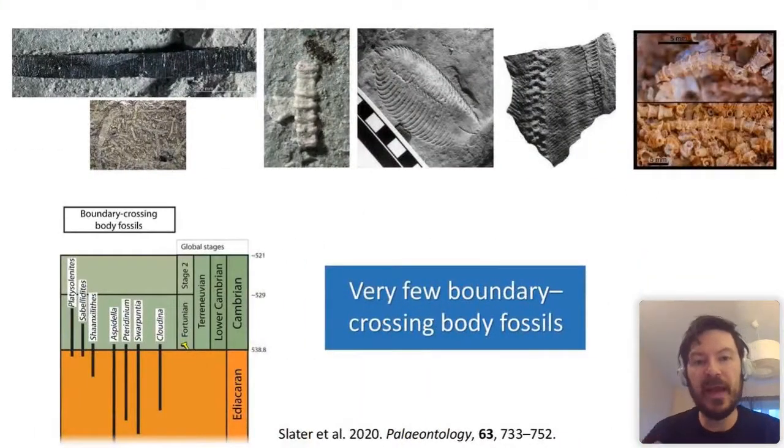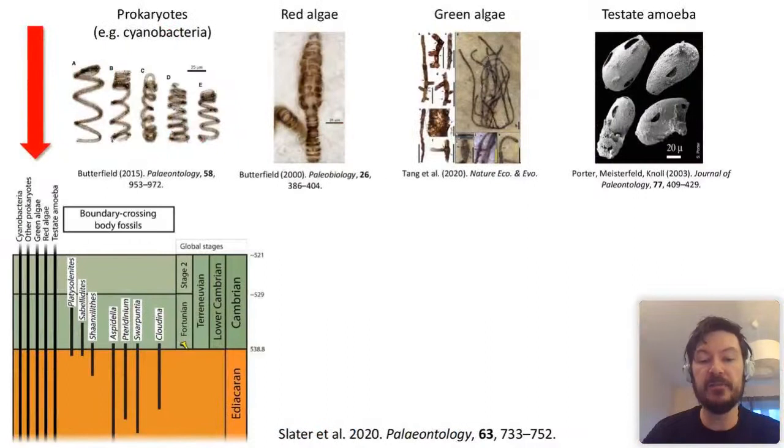So despite these rare exceptions, whichever way you look at it, there's still only a fairly modest number of body fossil taxa that demonstrably span this boundary. There are lineages for which we have Proterozoic fossil records that must sail across this boundary, like various prokaryote clades and crown group eukaryotes like red algae, green algae, and protists like testate amoebae.